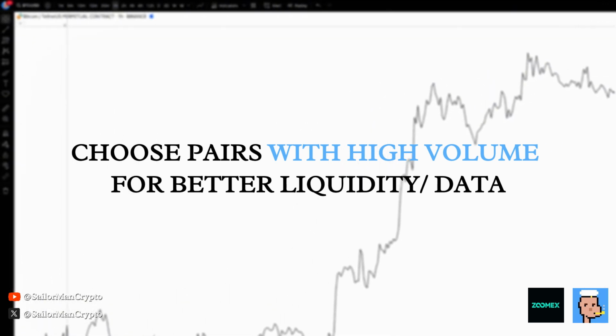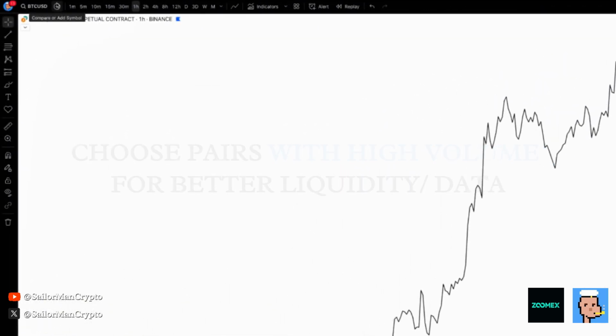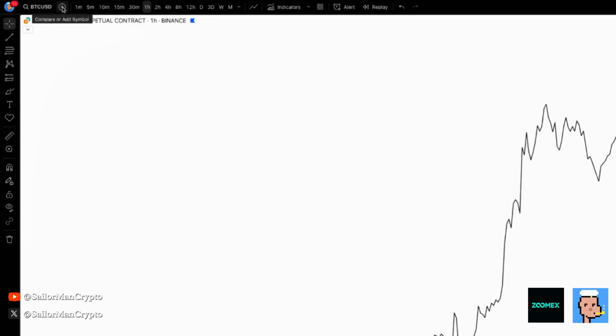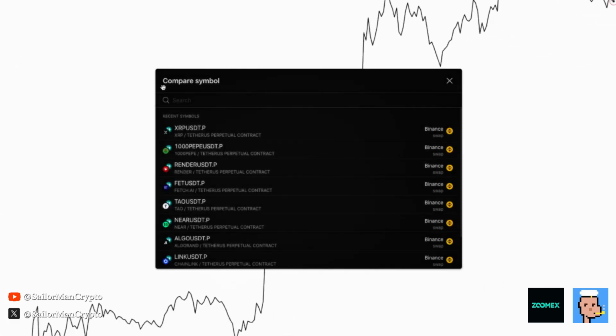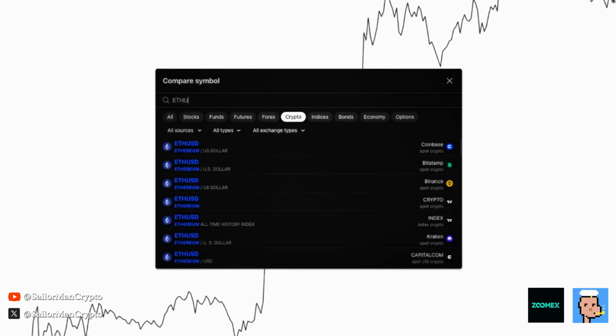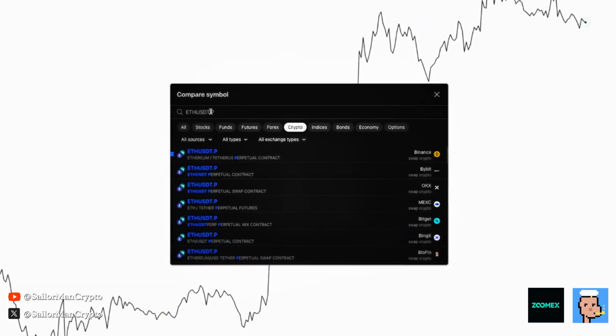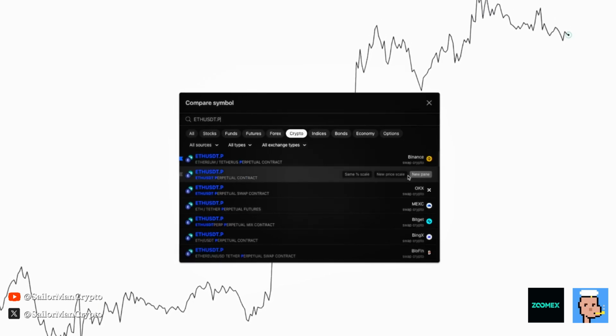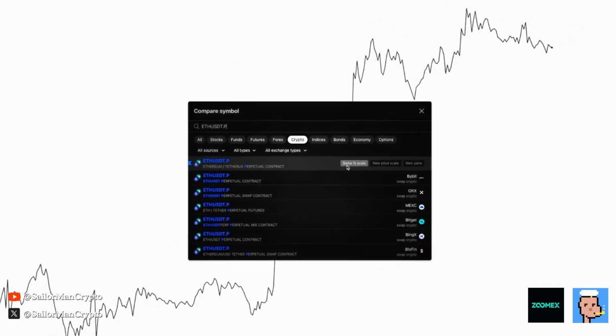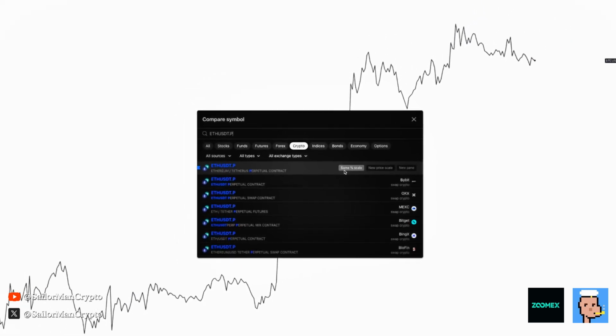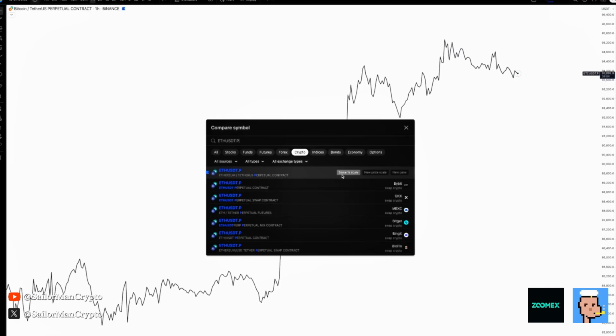To add a further asset, you go here in the top left corner and click this little plus, and we start to add, for example, Ethereum, ETH USDT perpetual. We choose Binance, and here is a super important trick that you will have to do for every pair that you want to add.